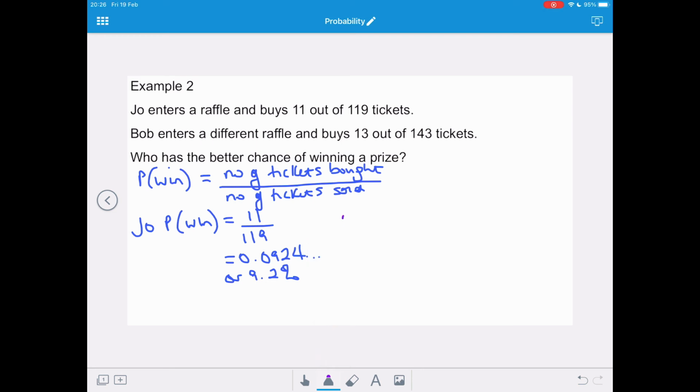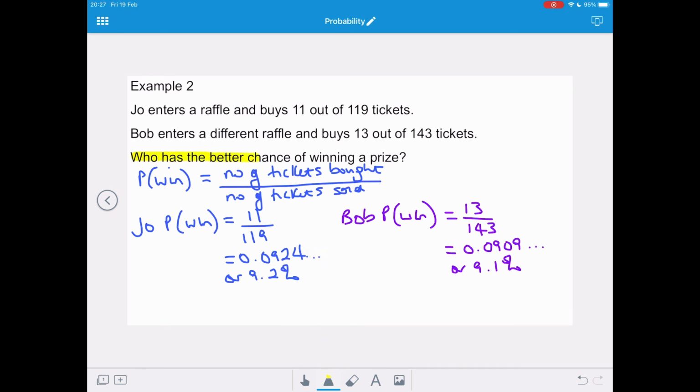Now let's look at Bob's probability of winning. This time he bought 13 tickets out of 143 sold, so the probability is 13 over 143, which as a decimal is 0.0909, and we can write that as a percentage to one decimal place of 9.1%.